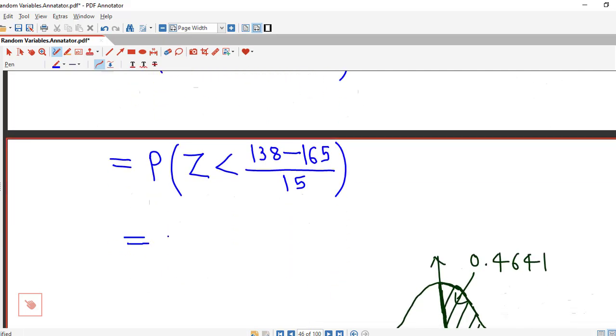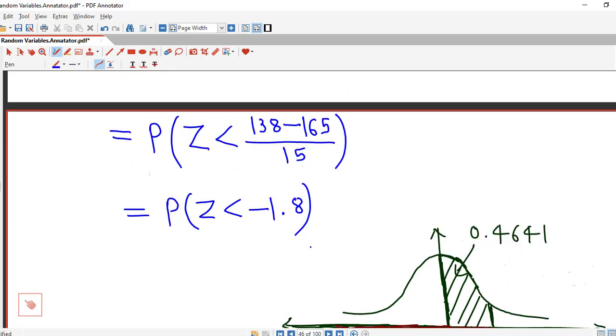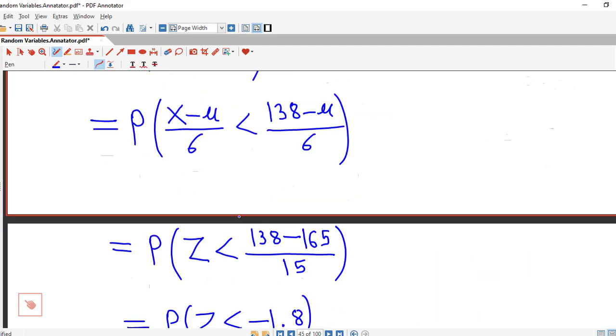Now if you simplify, this is going to be the probability that Z is less than minus 1.8. So we have to decide this probability that capital Z is less than minus 1.8.